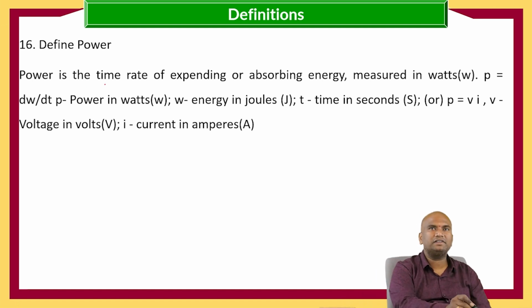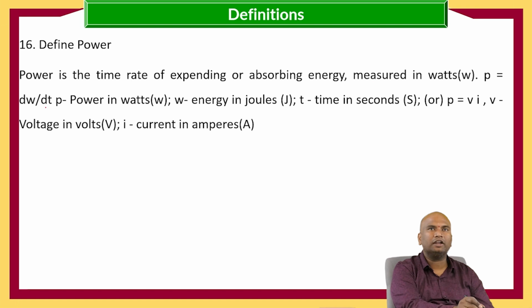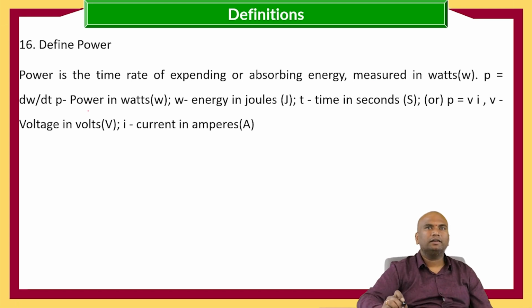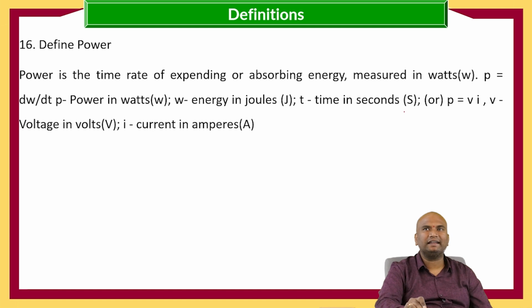Power is the time rate of expending or absorbing energy, measured in watts, where power is equal to dW by dt, the rate of energy. Power is in watts, energy is in joules, and t is time in seconds.